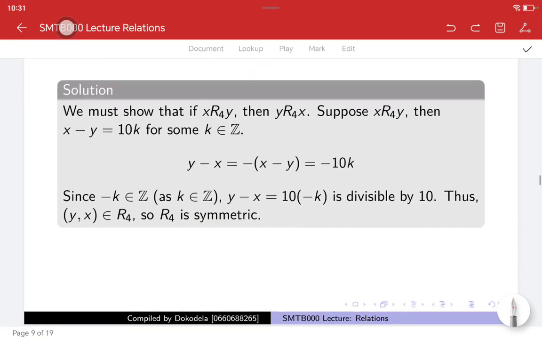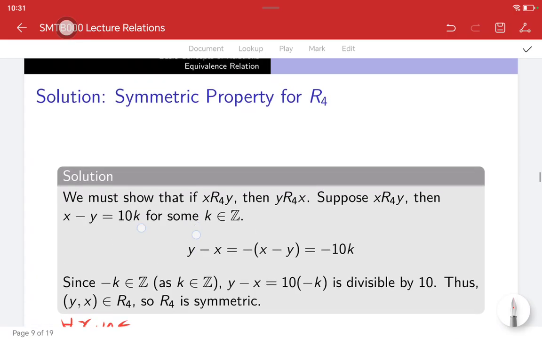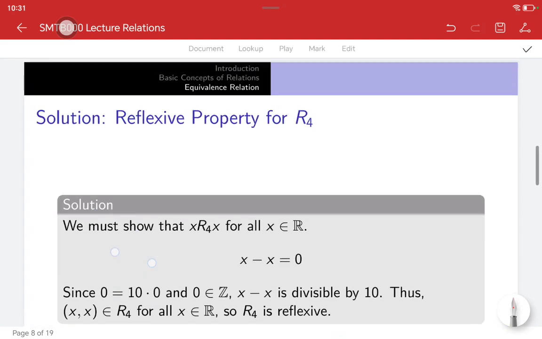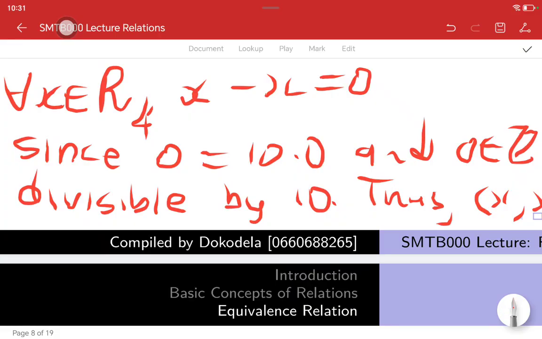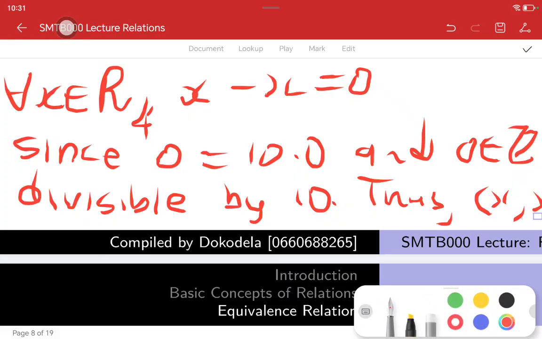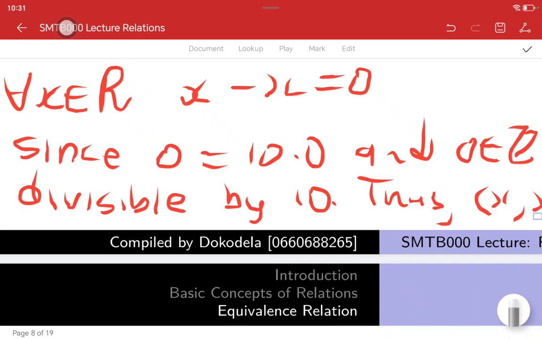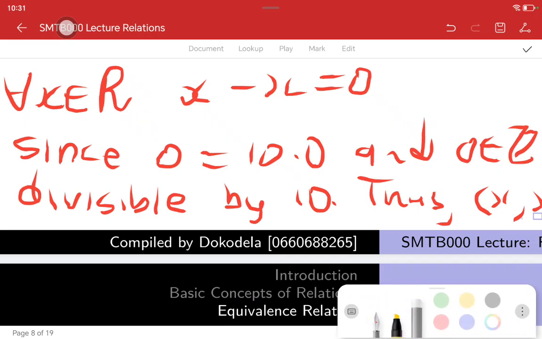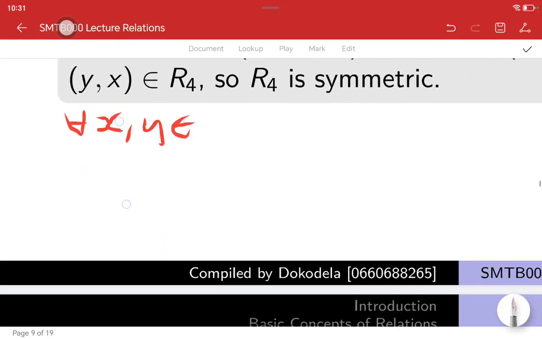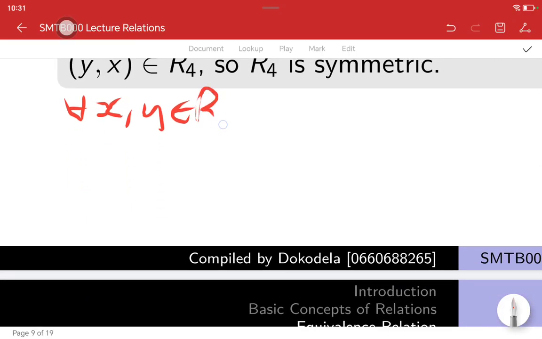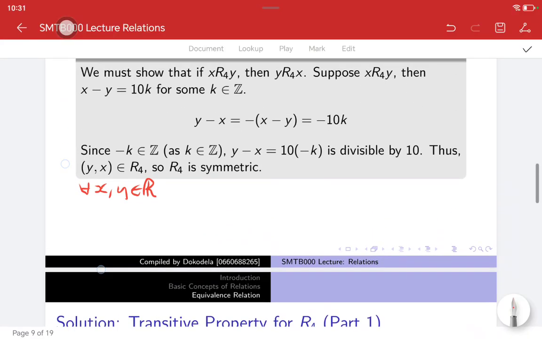For us to show symmetric, remember we're going to say for all x, y element of R, it's moving from R to R. I must put it to show that this is a set, not a relation. So we're taking x, y from R.